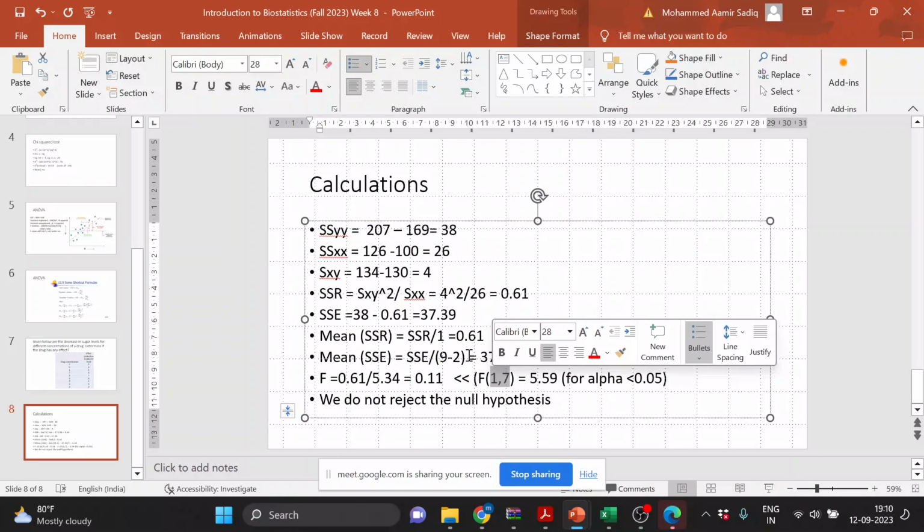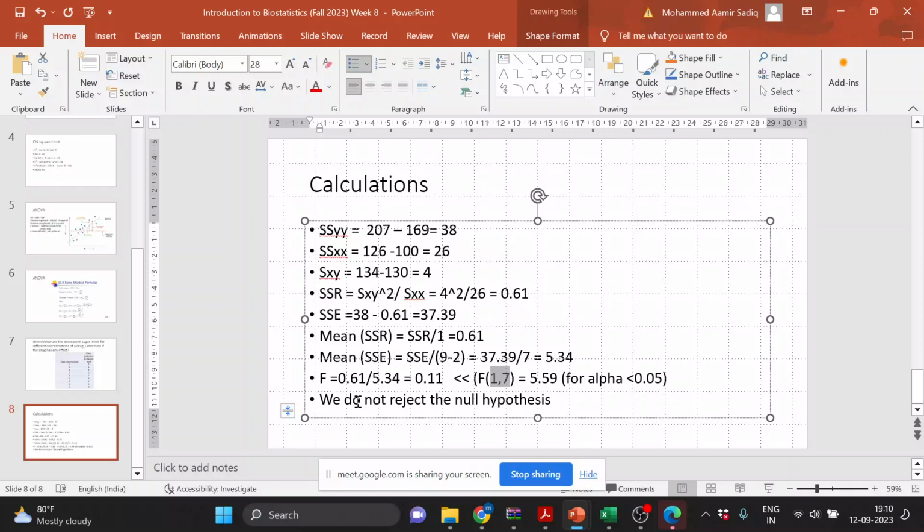The other way is p minus 1, where p is the number of parameters. For a linear regression you have two parameters, beta naught and beta 1, so 2 minus 1 is 1, and the denominator is n minus 2. So for F(1,7) at alpha 0.05 the critical value is 5.59, much greater than the 0.11 we got, so we fail to reject the null hypothesis.